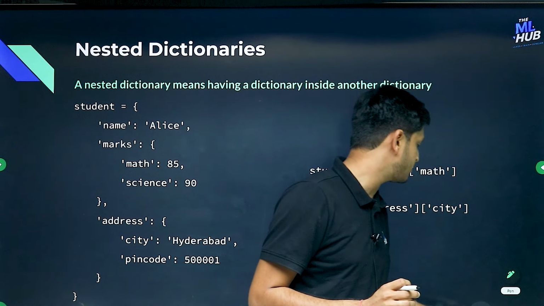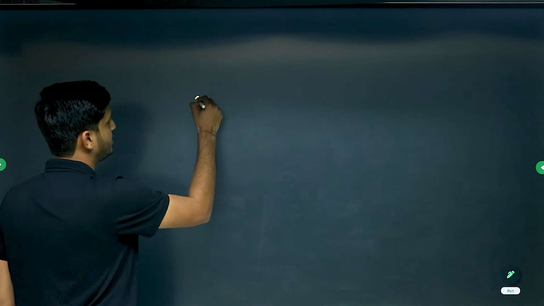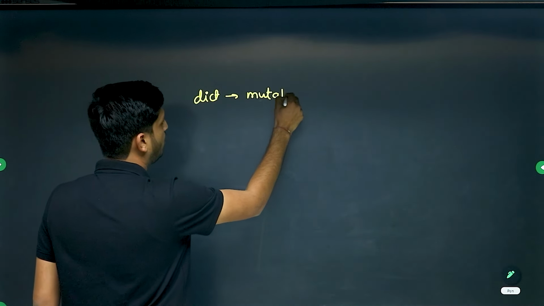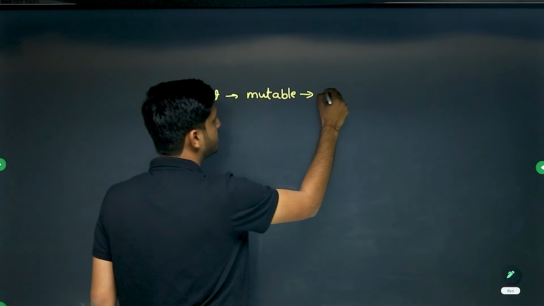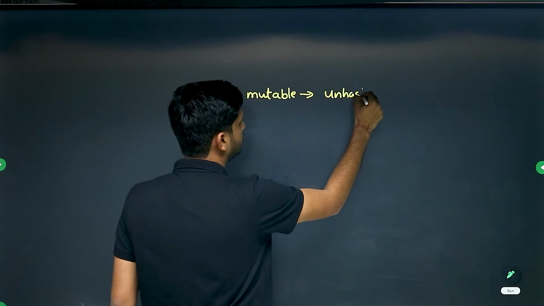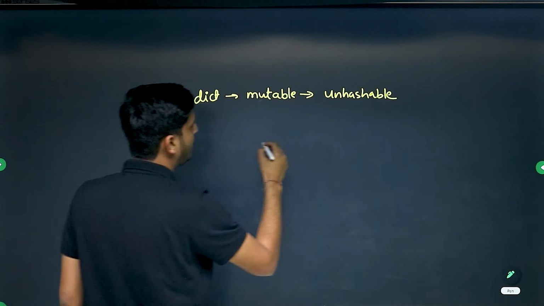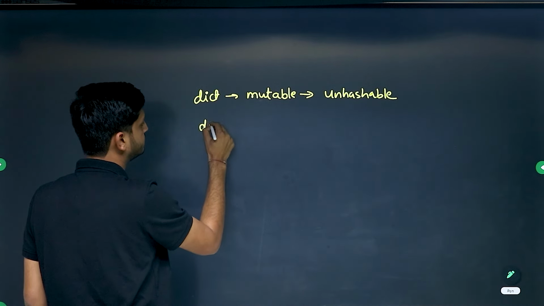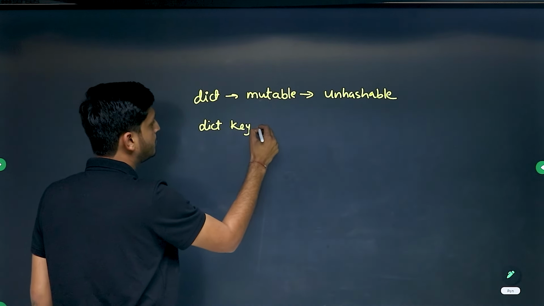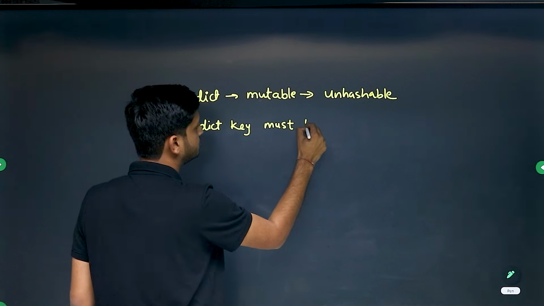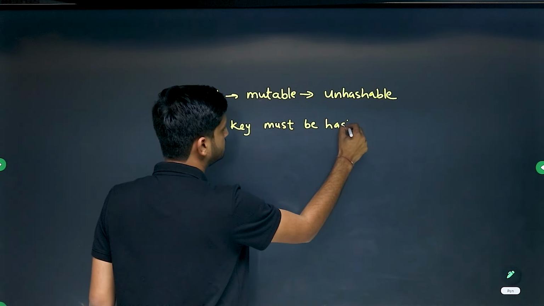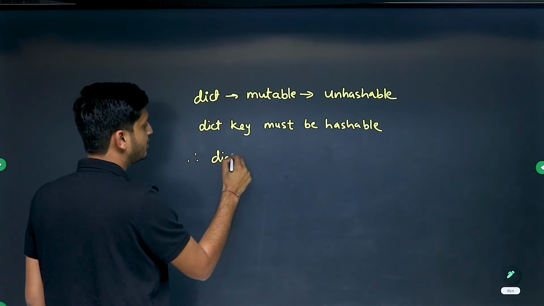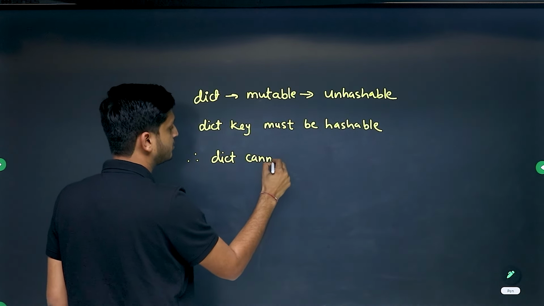Notice the series of events: dictionary is mutable, and all mutable objects are unhashable, and a dictionary key must be hashable. And therefore, a dictionary cannot be a key in a dictionary.